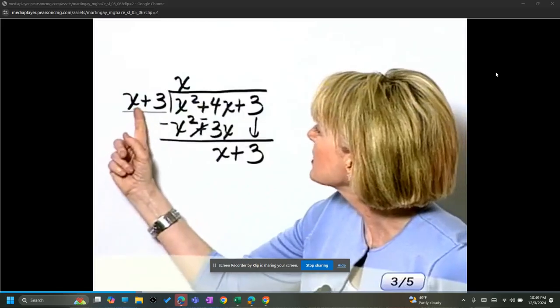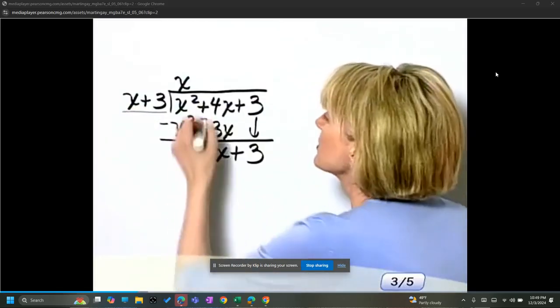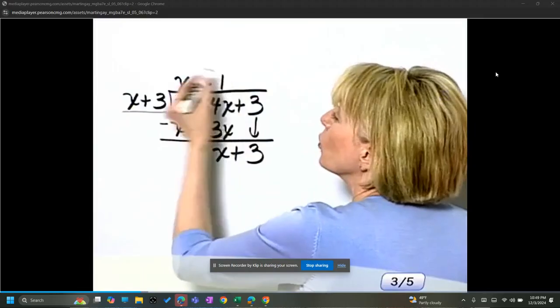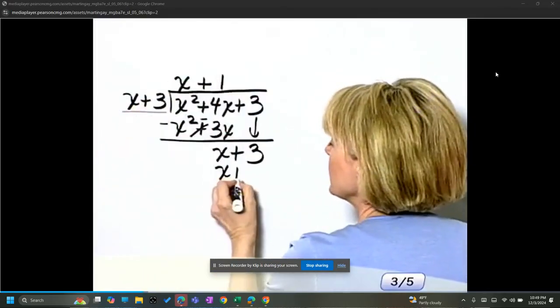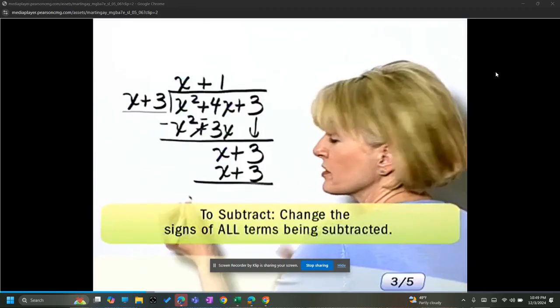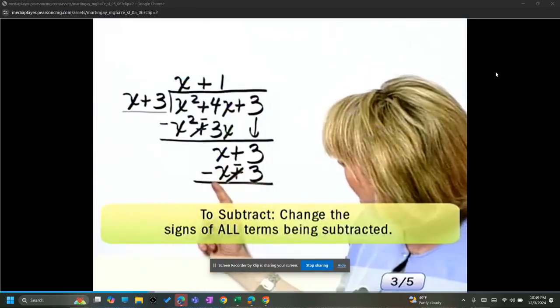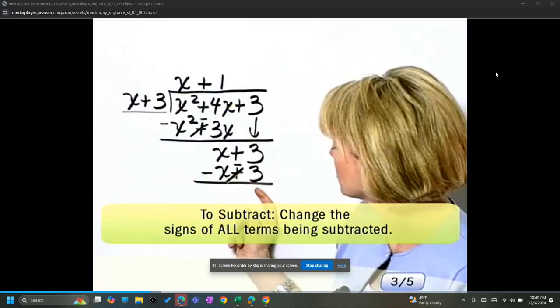Now, what times x gives x? Well, 1. So I'll write down plus 1, and then we multiply. 1 times x is x, and then 1 times 3 is 3. I'll draw my line. Don't forget we are subtracting, so I change the signs of each of the terms of this polynomial to indicate that we are subtracting.